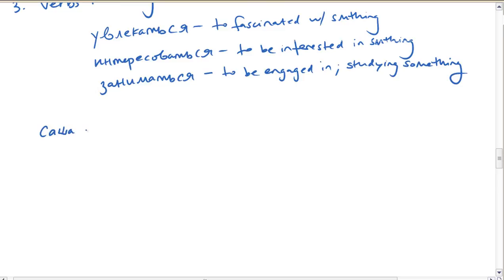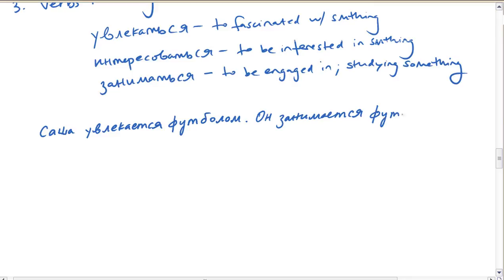Саша увлекается футболом. Он занимается футболом зимой, летом, осенью и весной.